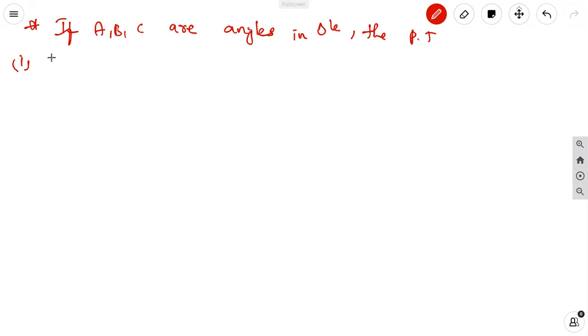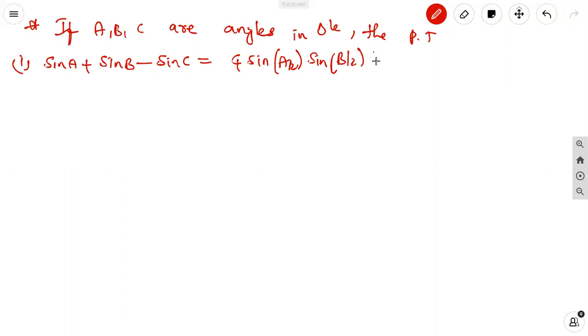Next question. If A, B, C are angles in a triangle, then prove that: first, sin A plus sin B minus sin C equals 4 sin of A by 2 sin of B by 2 cos of C by 2.